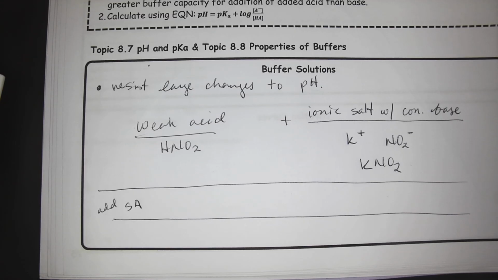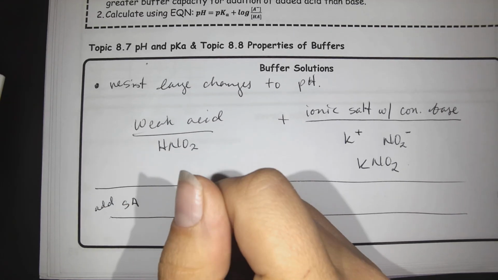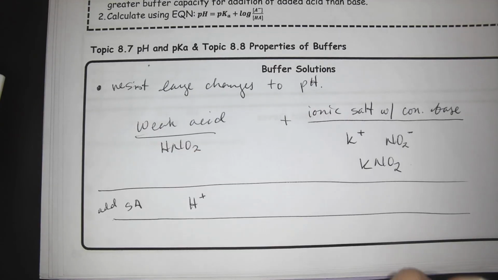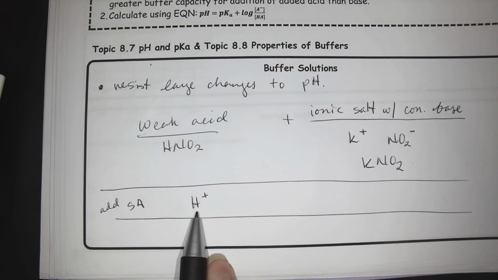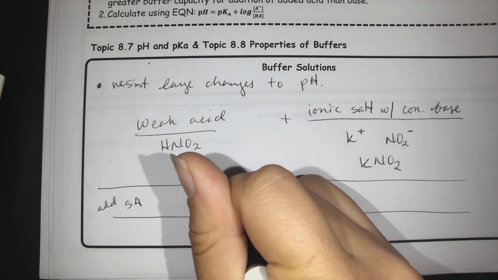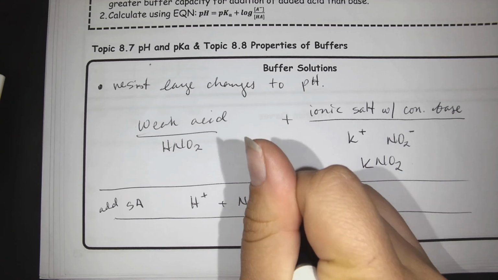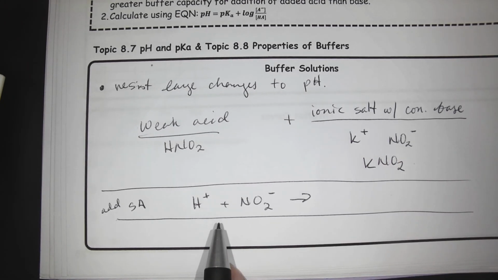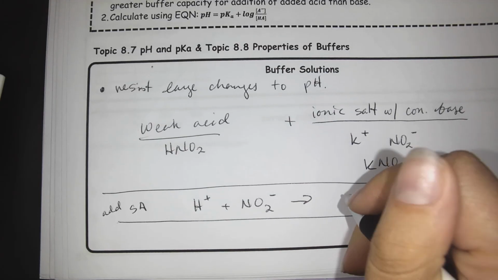Acids react with bases, so strong acids completely break apart into H plus floating around, and instead of increasing the pH, it reacts with the conjugate base, this NO2 minus. H plus reacts with NO2 minus, guess what it makes?